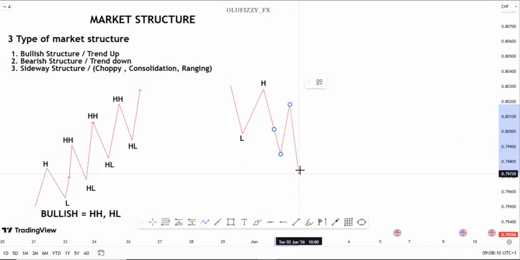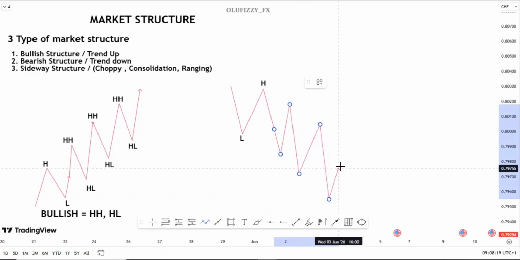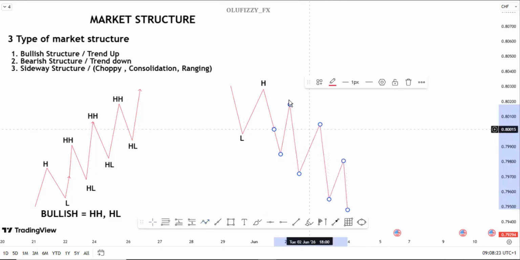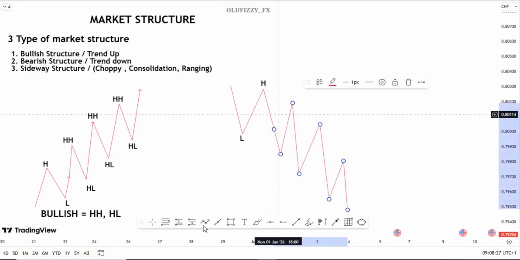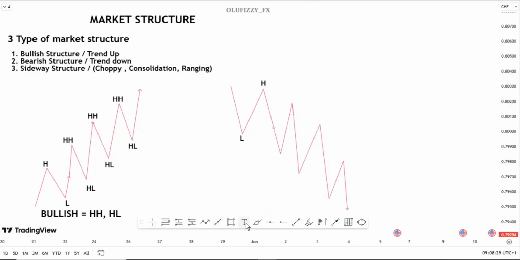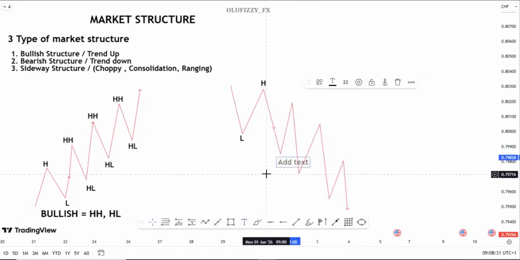So a formation of a lower low and lower high is what gives you a bearish market structure or a bearish trend down. So anytime price is giving you a series of lower lows and lower highs, that is when we have a bearish market structure.